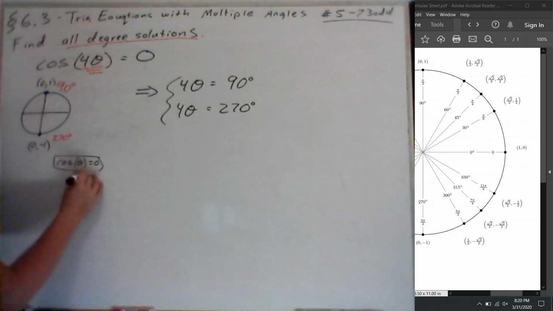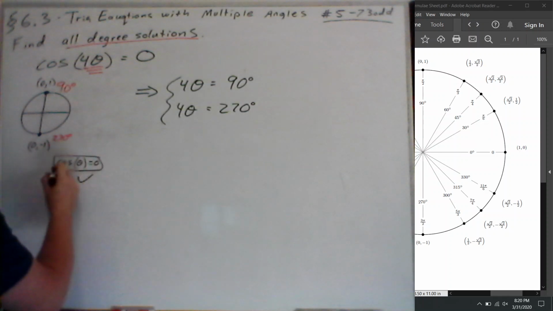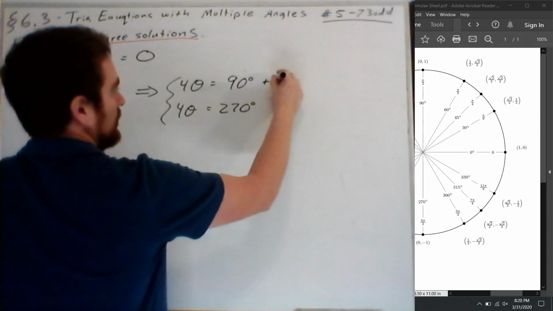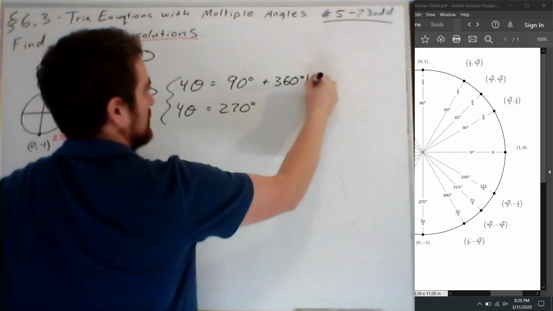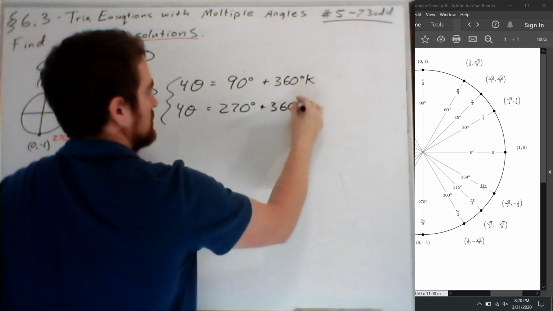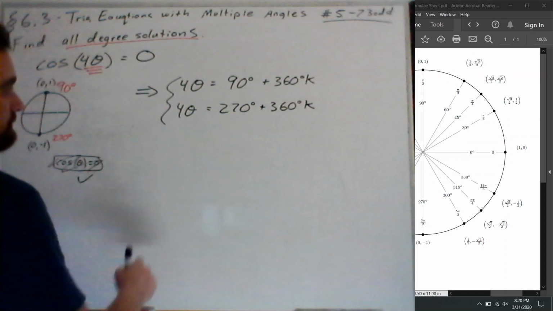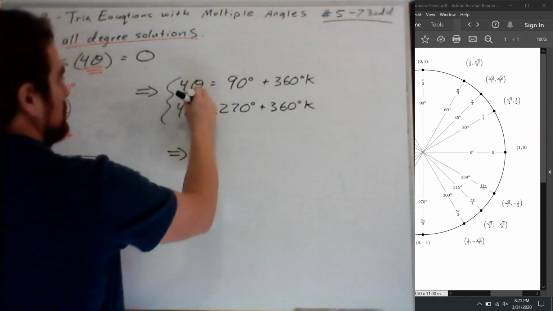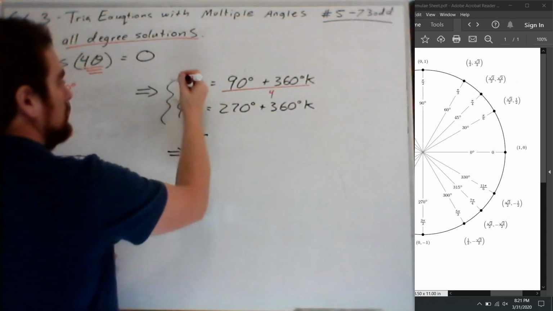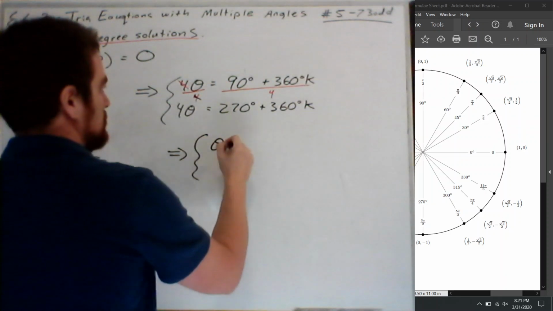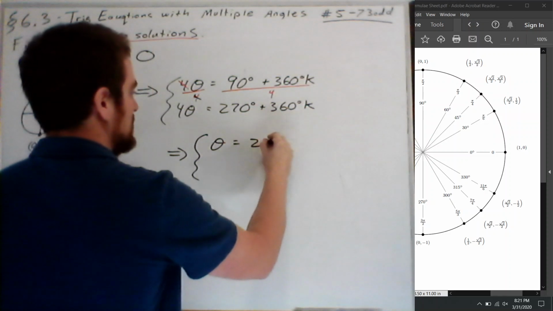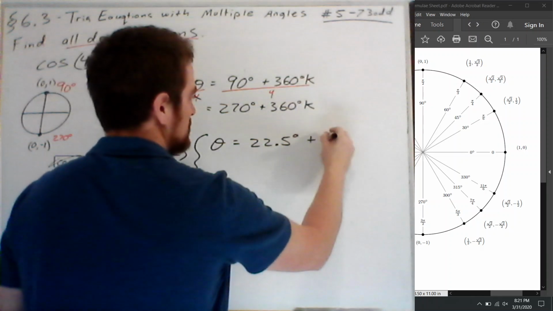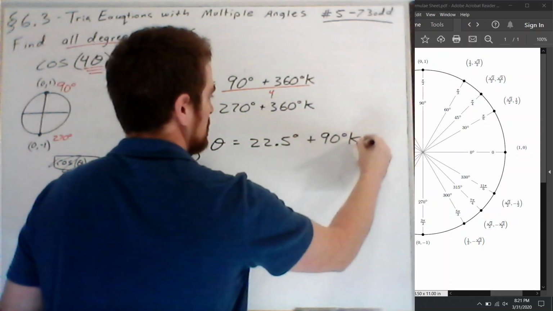But the nice thing is we don't have to do it in a case-by-case basis. So again, we're not doing cosine of theta, we're doing cosine 4 theta. So let's tack on our plus 360 degrees K, plus 360 degrees K. Now the nice thing about this is I can divide the top by 4 and get theta equals, okay, that's not the nicest angle, right? 22.5 degrees plus, okay, 360 at least divides by 4 nicely.